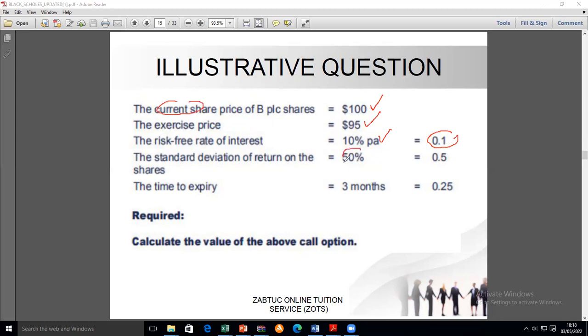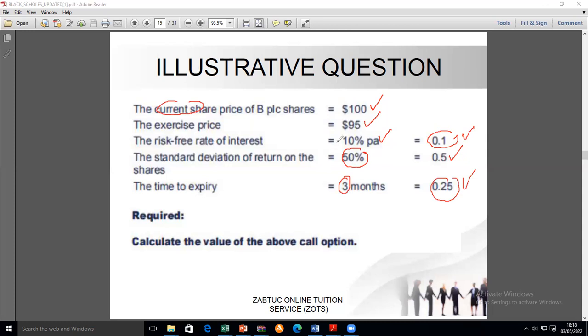The standard deviation is 50%, in decimal terms 0.5. And the time between now and when the option expires is 3 months. In terms of the year, that's 0.25. So this is how we input them in the formula. Calculate the value of the call option.